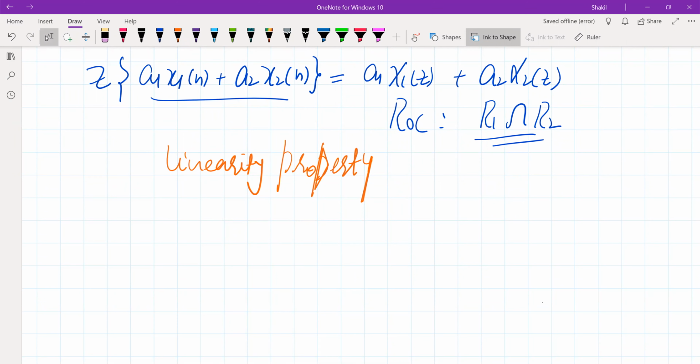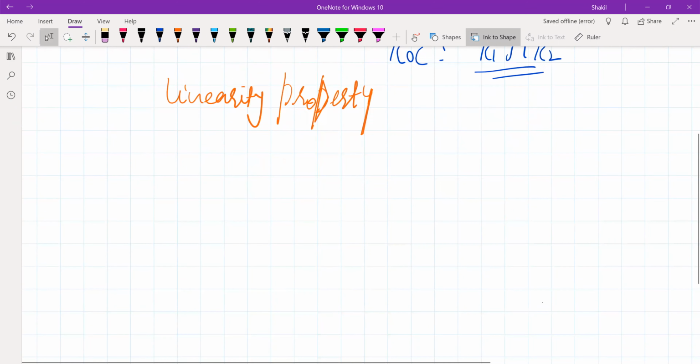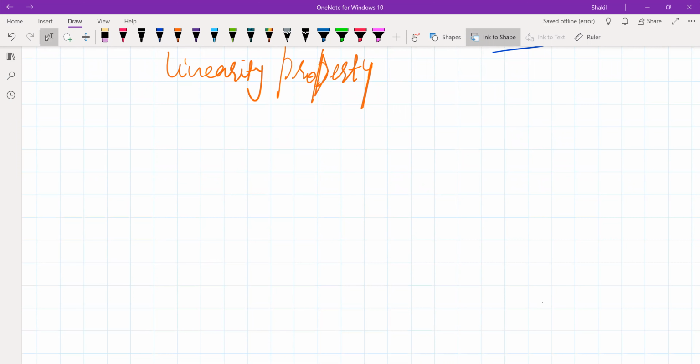All right. Now the next property, we'll discuss only a few, is very important, the time shifting property of the Z transform. Before I discuss this, let me do one example on this linearity property. What is the Z transform of 2 raised to power n u of n minus 3 raised to power n u of n?